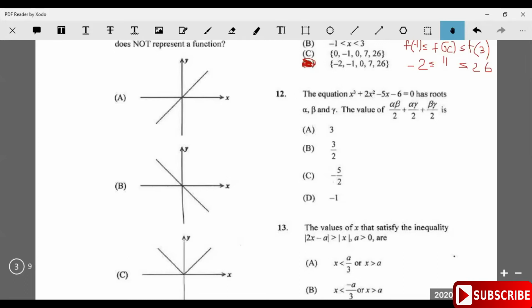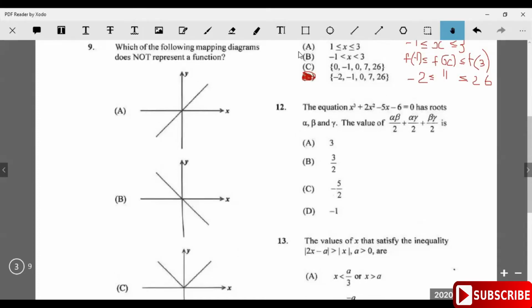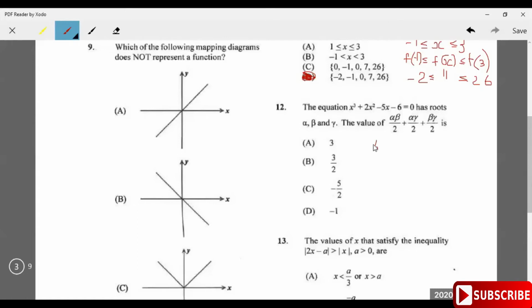It wants to find the value of alpha beta over 2 plus alpha gamma over 2 plus beta gamma over 2. Well, first and foremost, we know that alpha beta plus alpha gamma plus beta gamma is equal to -5, right?